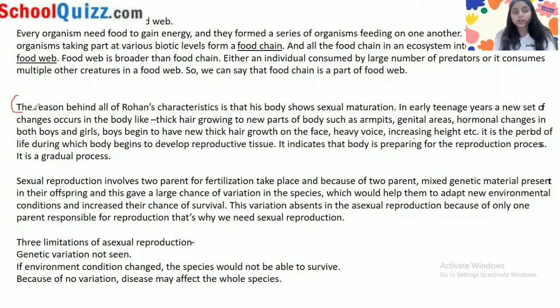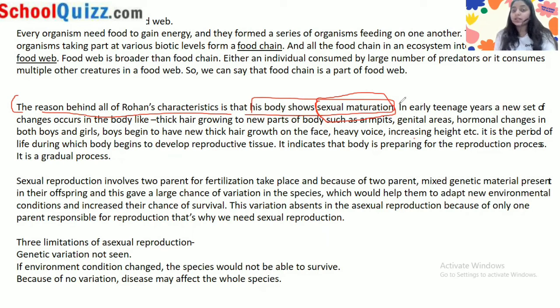So firstly you have to tell them the reason behind all of Rohan's characteristics. The reason behind all of Rohan's characteristics is that his body shows sexual maturity. So the examiner sees that the child knows the case. Okay, so his body shows sexual maturation.